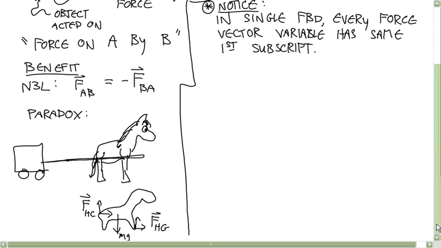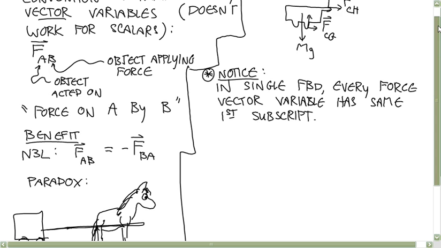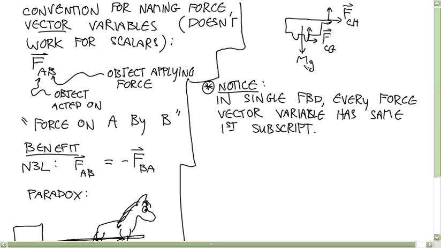So look at this horse. I didn't do mg as a force vector variable, but if I did, it would be the force on the horse by the earth, by gravity. So the first subscript is the horse. Go over here, and the first subscript is cart. Because that's what a free body diagram is: you're drawing all the loads acting on your isolated free body.